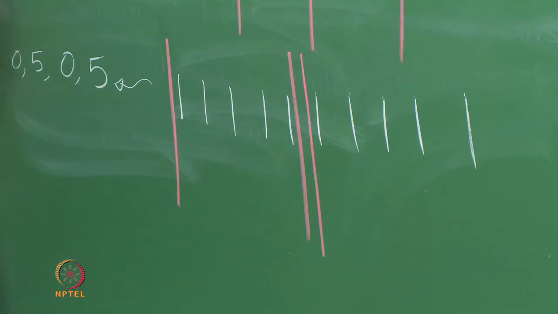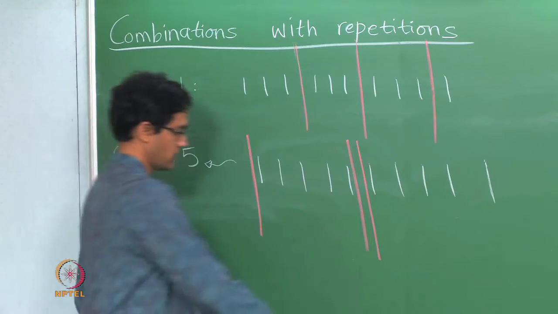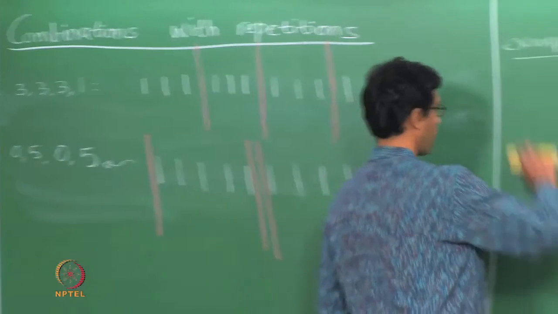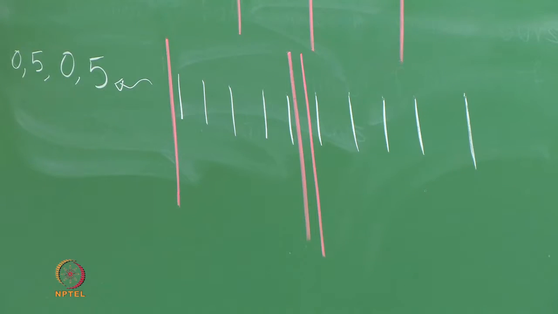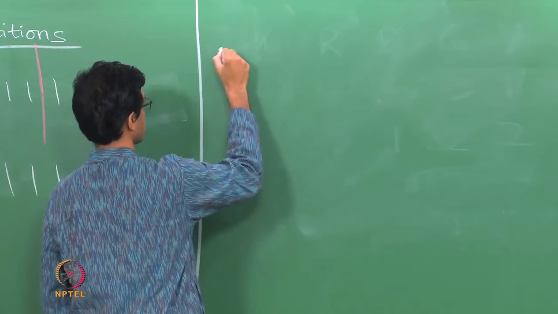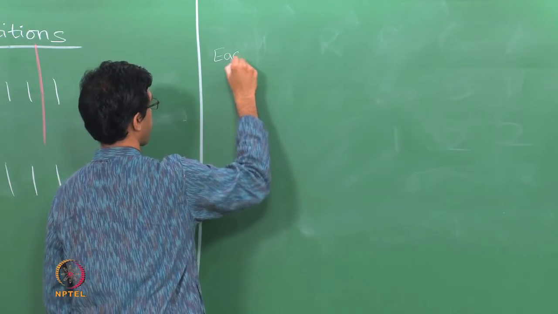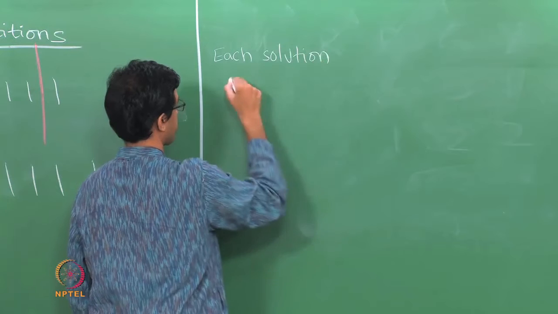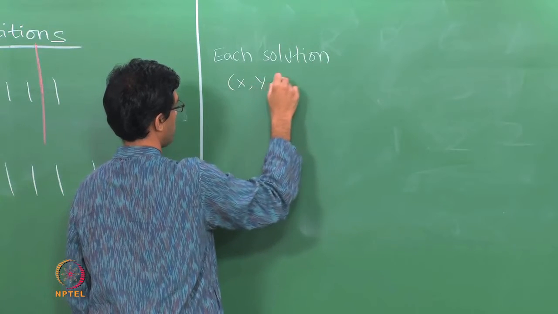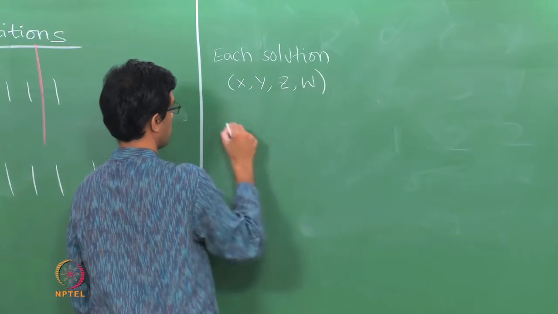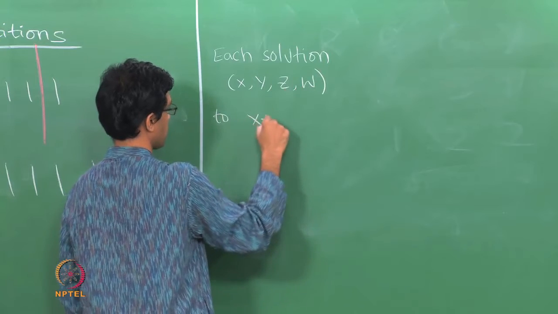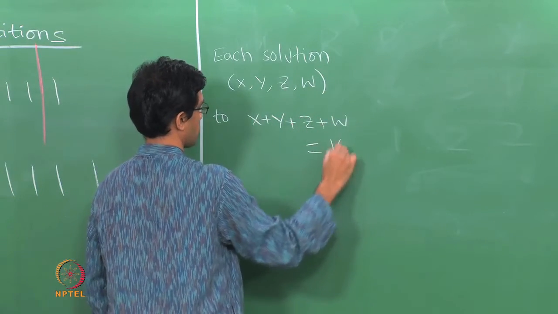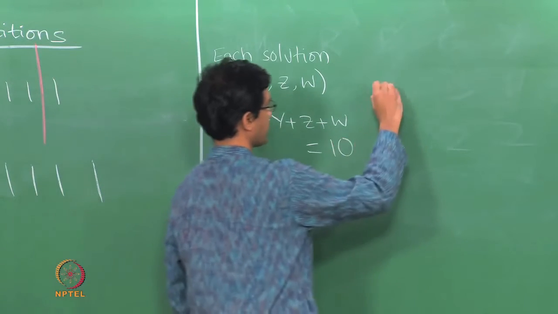So from these examples, I hope it's clear that each solution x, y, z, w to the equation x plus y plus z plus w equals 10 can be encoded.